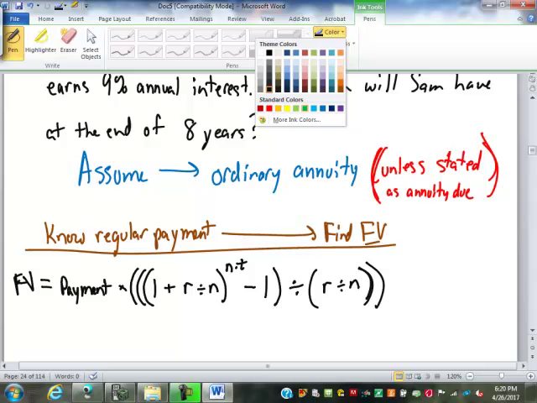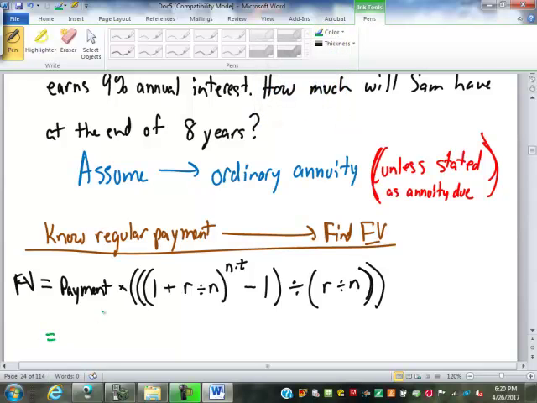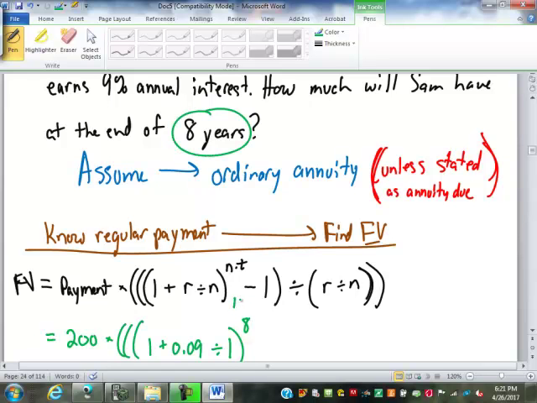So for this situation here, the payment is $200 times 1, 2, 3 open parentheses. 1 plus 9% is 0.09 divided by how many times a year? 1. Once a year. To the power of 1 times 8, right?